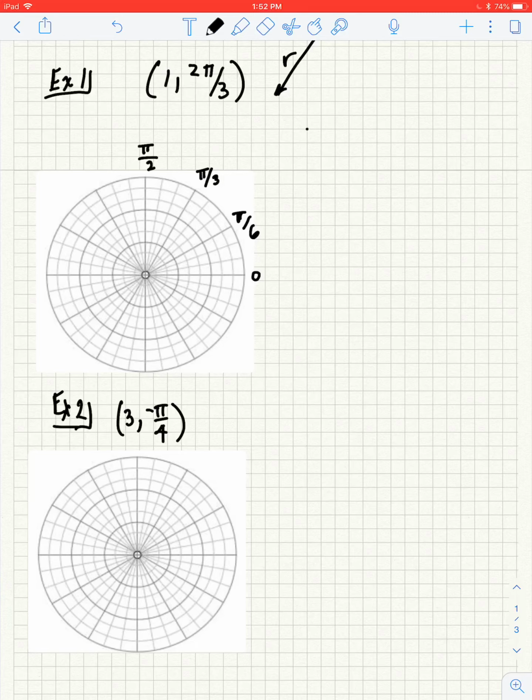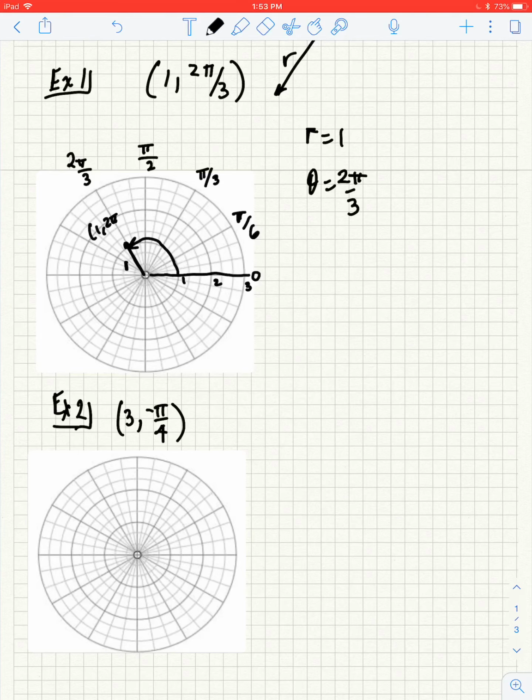For example, if we're doing (1, 2 pi over 3), 1 is your r, and theta is 2 pi over 3. You can see here, 2 pi over 3 would be this one. These little marks are your radius: 1, 2, 3. So you start on your initial side, go over 2 pi over 3, and you just go 1 unit up.